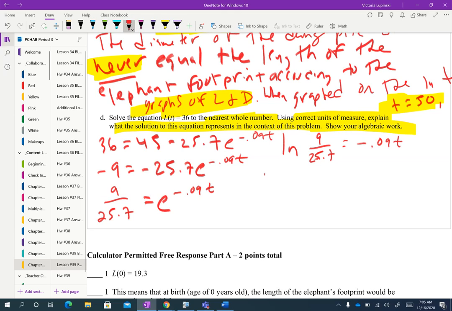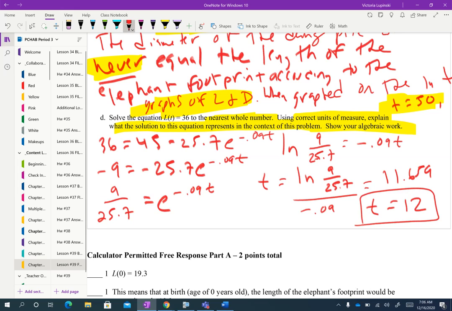To get t all by itself, you would have to calculate the ln of 9 over 25.7, and then divide that by negative 0.09. If you did that very carefully and calculated it, you would get 11.659. And again, it told you to round to the nearest whole number, which would be 12. So you'd get a second point for correctly doing that.